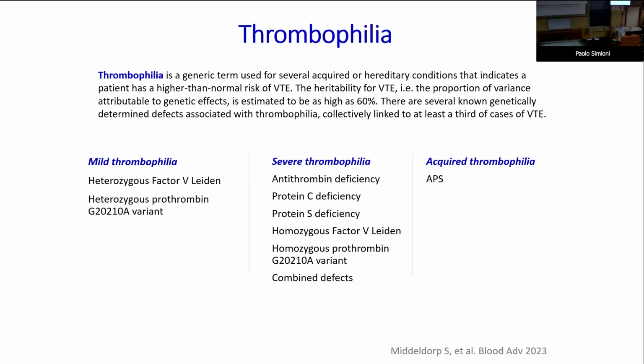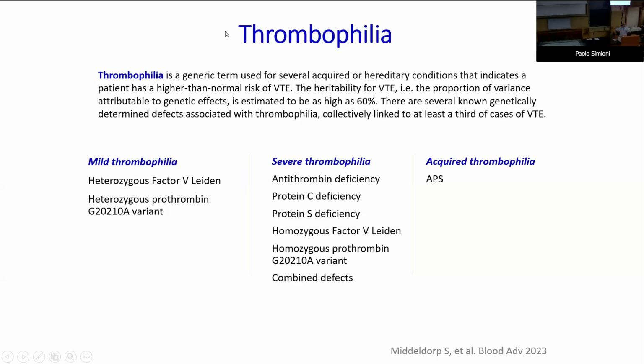Because among us there are one, two, three in 100 who present with this mutation, and you don't know you have this mutation, and maybe you don't care because you'll never develop thrombosis because of this mutation. But if there is someone with a severe thrombophilia, an antithrombin deficiency, this is a more severe condition, and maybe during the lifespan you can develop thrombosis much more easily than with a mild condition.